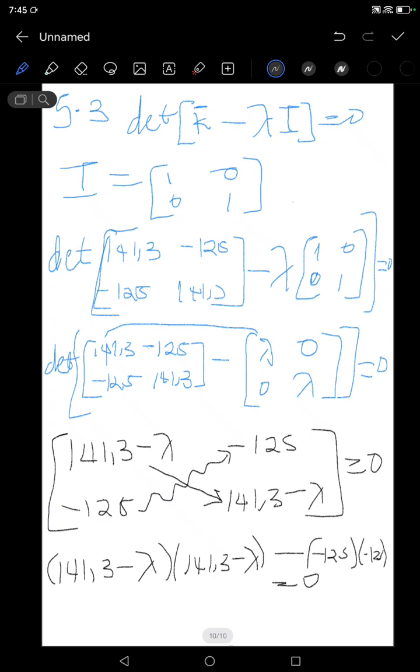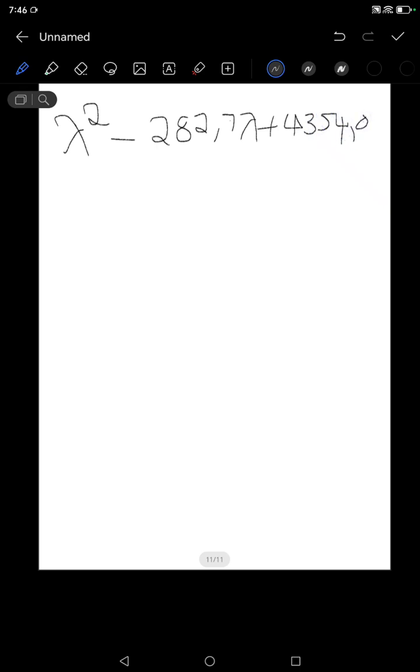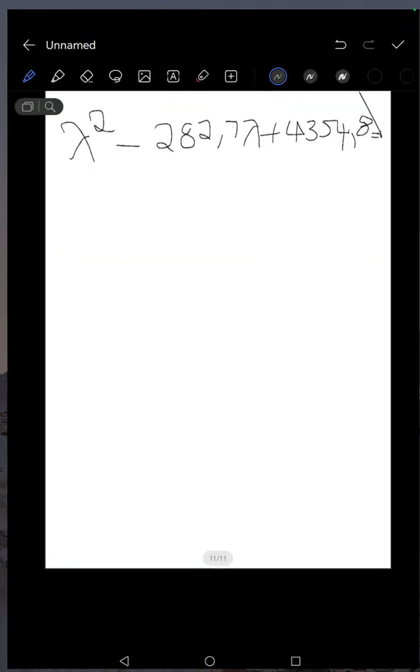After simplifying, we're gonna have something like this: lambda squared minus 282.7 lambda plus 4,354.8, or equals to 0.